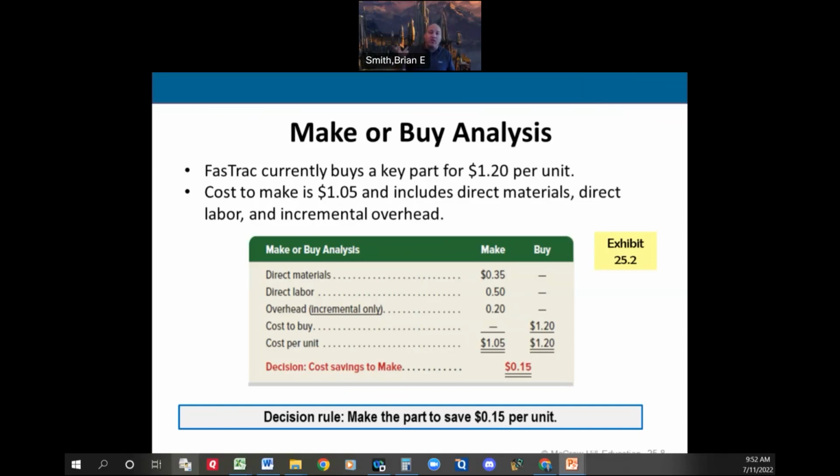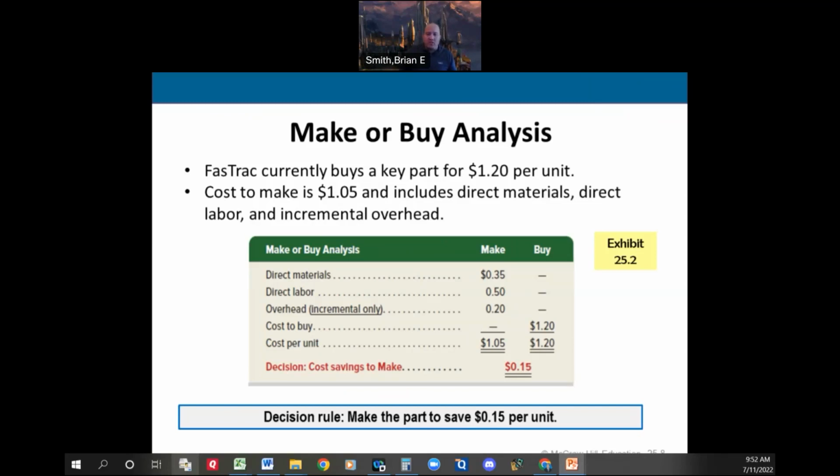It's only going to increase it by the amount listed here, 20 cents per product. It's going to impact our overhead, but we're not going to factor in all the other overhead that we're already accounting for because it's already there. It's a sunk cost. We already know we're going to have it incurred whether we do this decision or not.